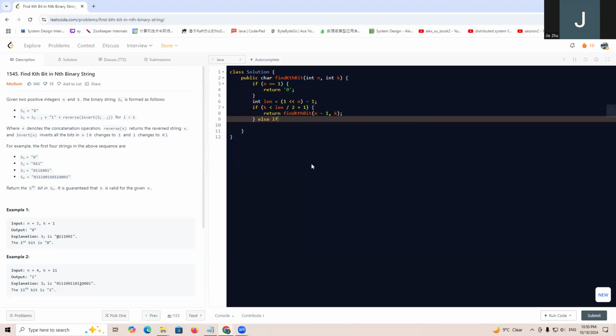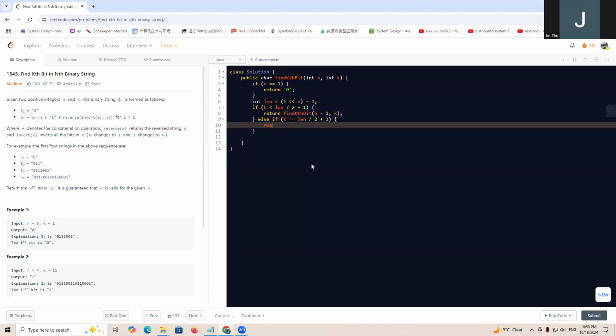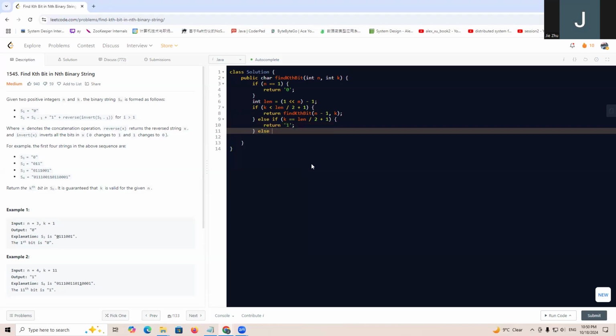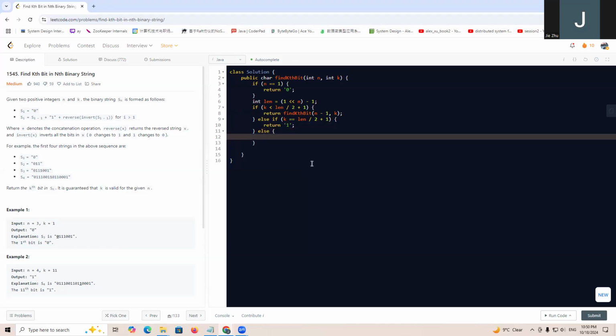Else if k equals length divided by 2 plus 1, we just return 1. And else, that is the later part.